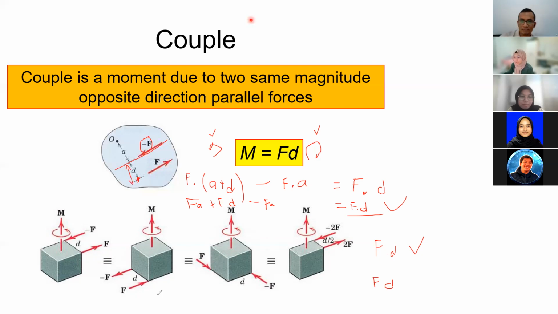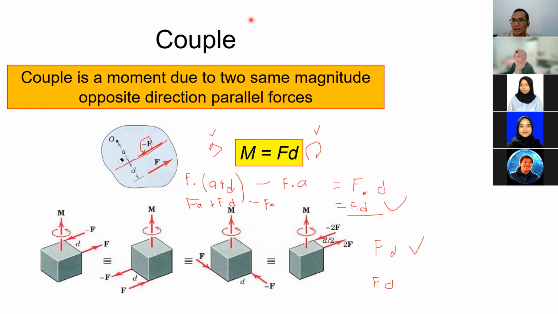Okay. So whenever you want to calculate the moment due to a certain force at a certain point, try to find the magnitude and try to find the perpendicular distance. As simple as that. The perpendicular distance between the minus F and this particular point is D, right? I was a bit confused because I was looking at the point where negative F is pointing.